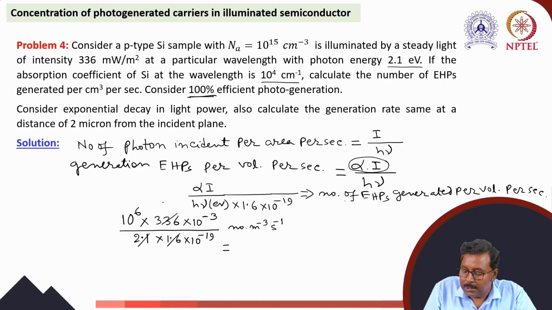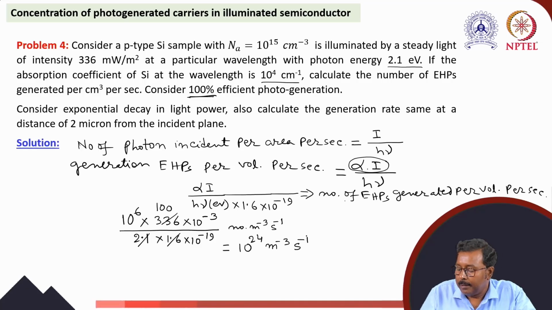So this becomes 100, and 10 to the power plus 6 minus 3, that is 10 to the power 3 plus 2, 10 to the power 5, and 10 to the power minus 19, so 10 to the power 19 plus 5, 10 to the power 24 per meter cube per second.